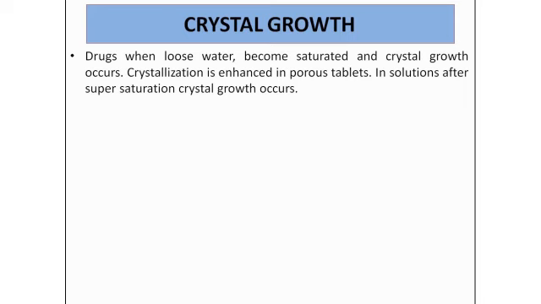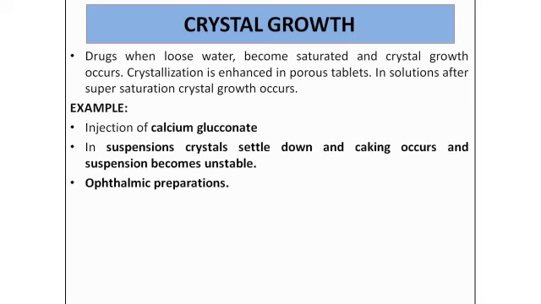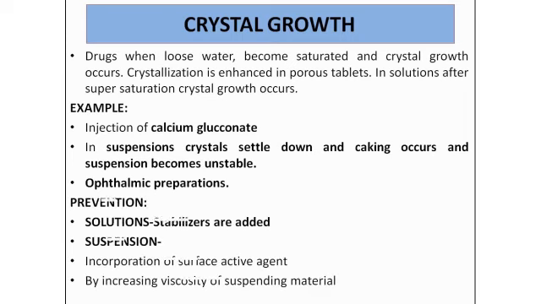An example is the injection of calcium gluconate, which has the tendency to form crystals. Apart from that, in suspension, crystals generally settle down and caking occurs, and the suspension becomes unstable. You can even see crystallization in ophthalmic preparations, which are meant to be used in the eyes.